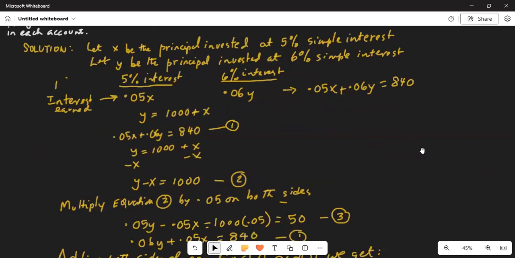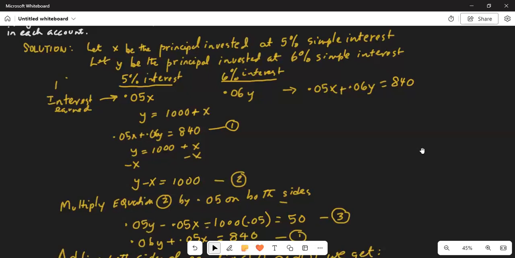So 0.05x is the interest earned in 1 year at 5% interest, and 0.06y is the interest earned in 1 year on the 6% interest. We are also told that the total interest earned is 840. So 0.05x plus 0.06y is 840.